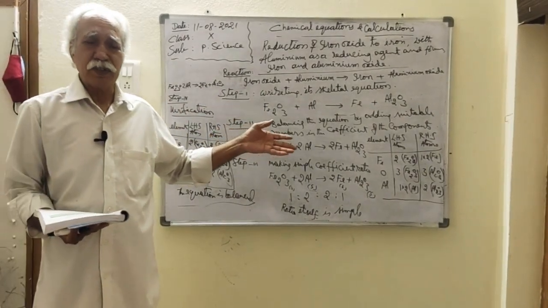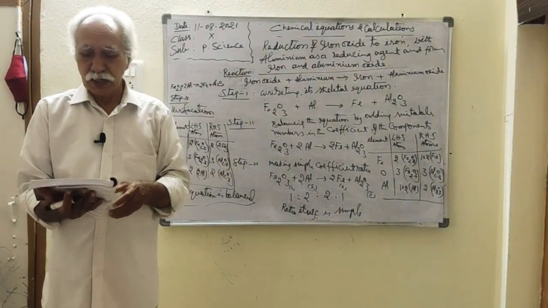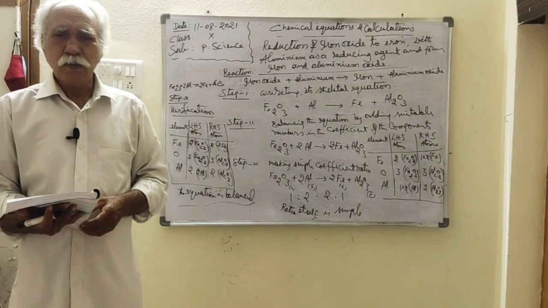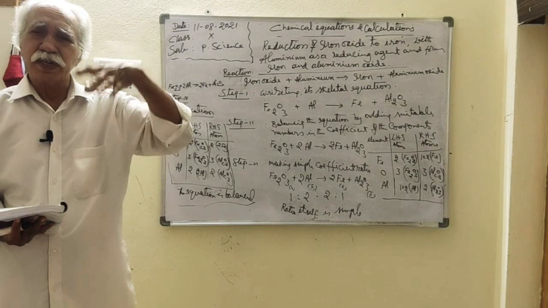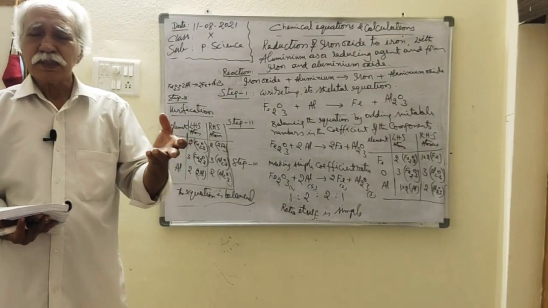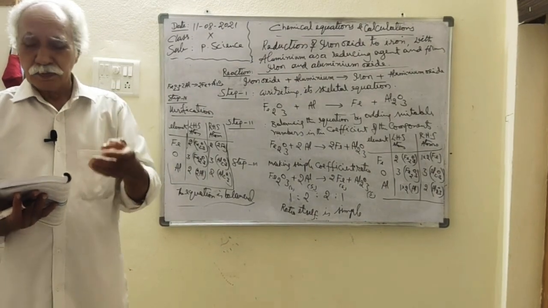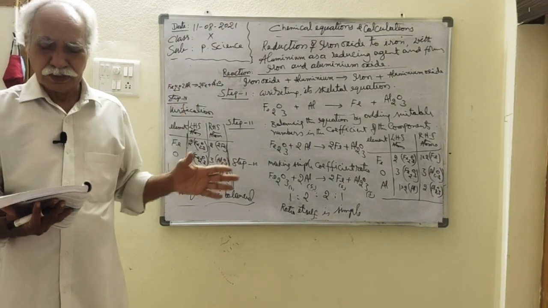Based upon the valence, we can understand this. But how many moles they are combining, how many volumes they are combining, how many grams they are combining, we can understand by using some calculations.